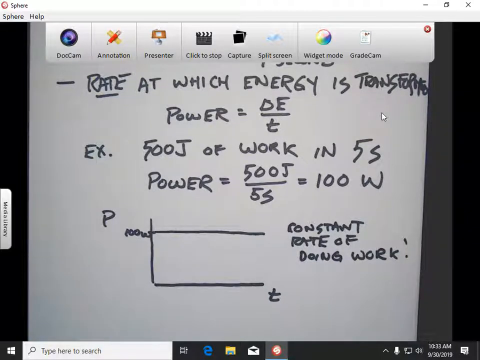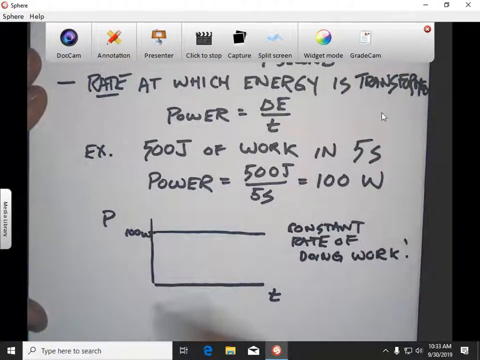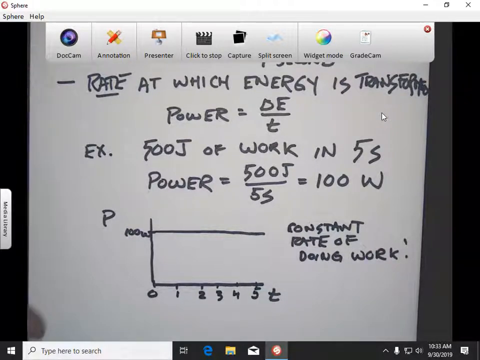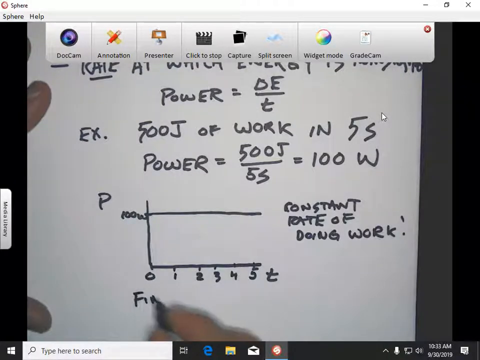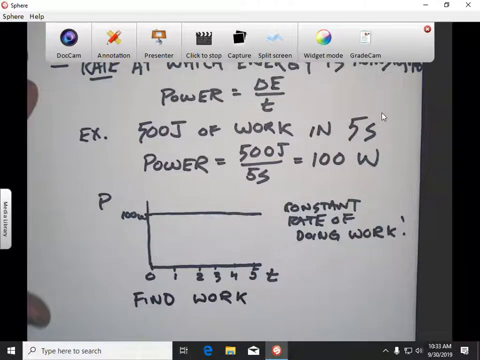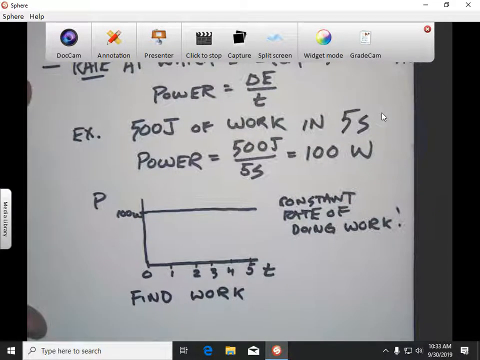Now, if you look at this graph versus time, would there be a way to determine how much work is done? So find the work using that graph. What I would encourage you to do is to ask, what does it mean to find the work?